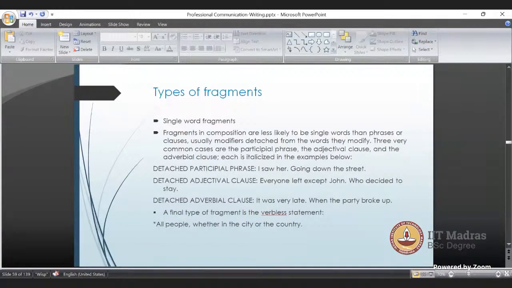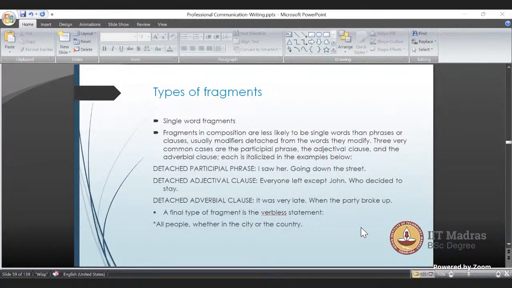Yeah. So this particular usage with ed and ing is referred to as the participle forms of the adjectives. Okay, so the detached participial form that you see on your screen refers to that.